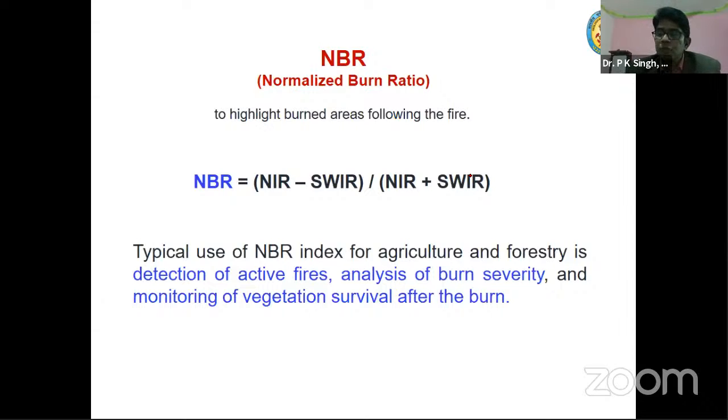So suppose one forest fire is there, that can be very easily recorded using the thermal zone of the electromagnetic spectrum, because it is not reflected, rather it is emitted light that is recorded by the sensors.